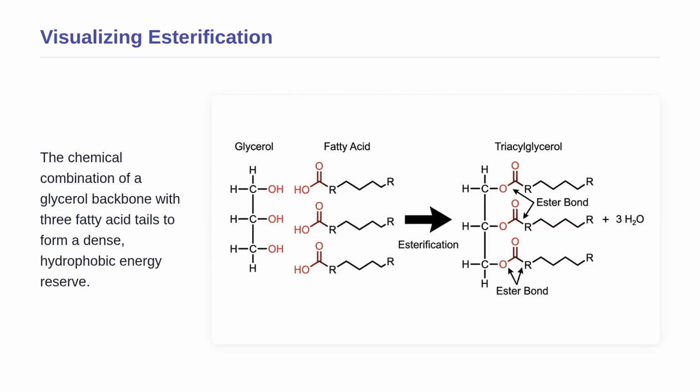The bold arrow represents the esterification reaction we discussed earlier. On the right, you can see the final, highly dense hydrophobic energy reserve. The fatty acid tails are now securely attached to the backbone via ester bonds, and the 3 water molecules have been expelled. This unique structure is the secret to their incredible storage efficiency.